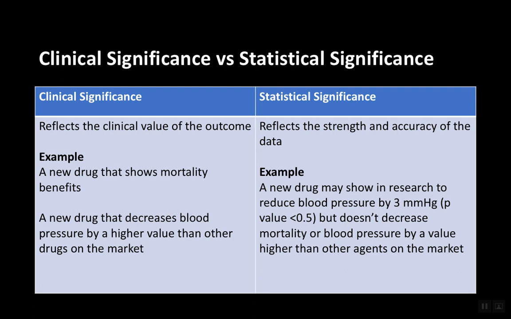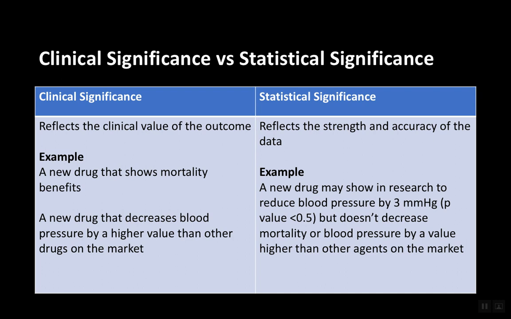For example, a new drug shows mortality benefits. Most likely, this medication is clinically significant, right? For example, in oncology patients, if it showed that it helped patients live 5 years longer, that's clinically significant right there. Or a new drug that decreases blood pressure by a higher value than other drugs on the market.